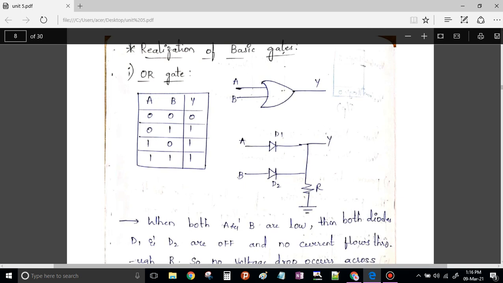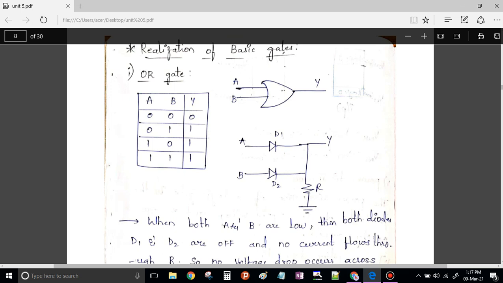Whenever we give 0 volts or negative voltage, the diode will be in reverse bias, an open circuit, and it acts as an off switch. That means no current flows from one terminal to the other. Using that same concept, we are now going to apply different inputs, logic 0 and logic high, and see how this circuit works.